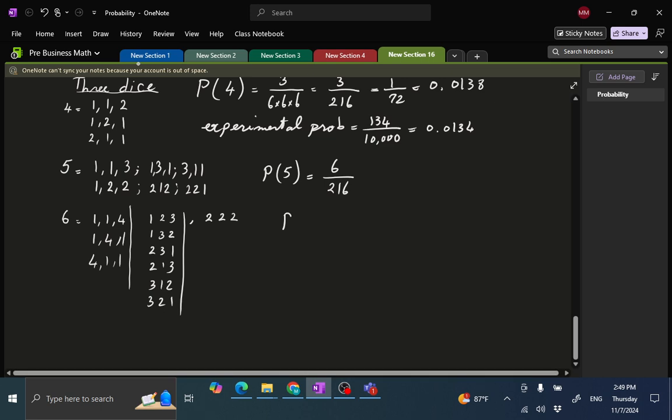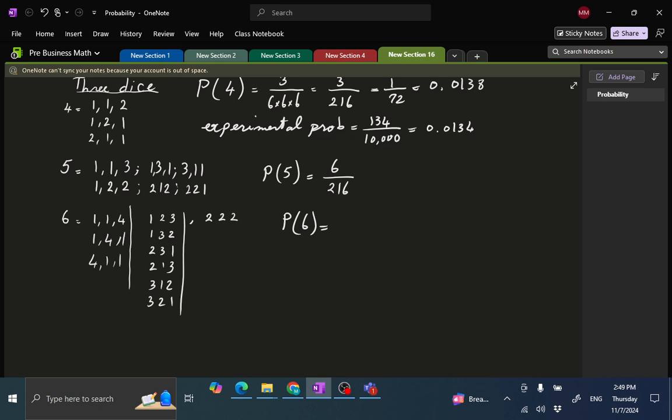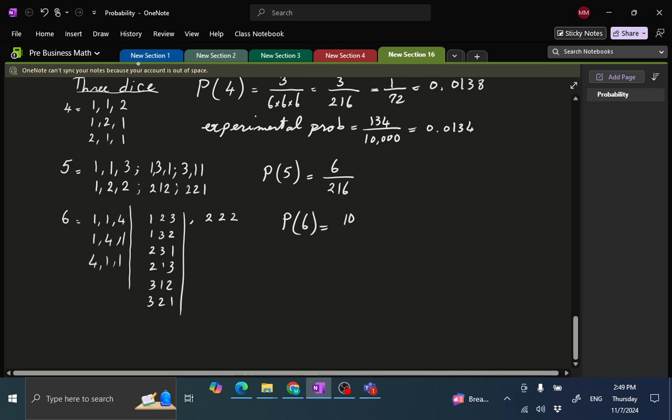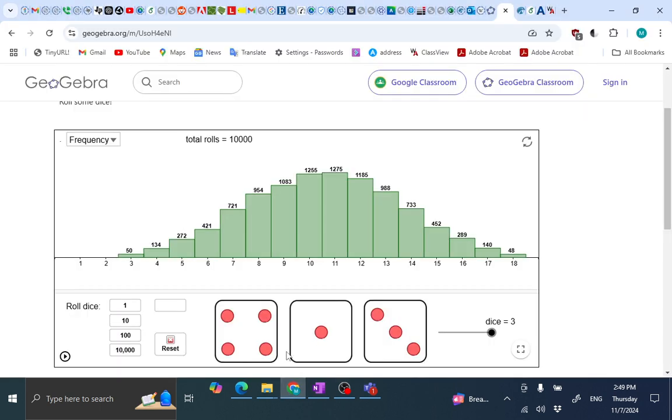So if you want to figure out the probability of 6, how many ways can you get a 6? 3 and 6 and 1 makes 10 different ways. I could have this thing 10 out of 216, as opposed to the experimental probability that we had here.